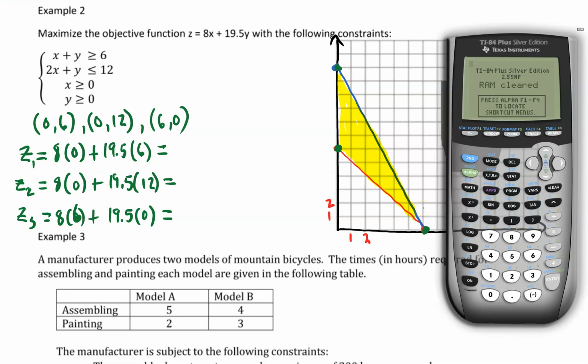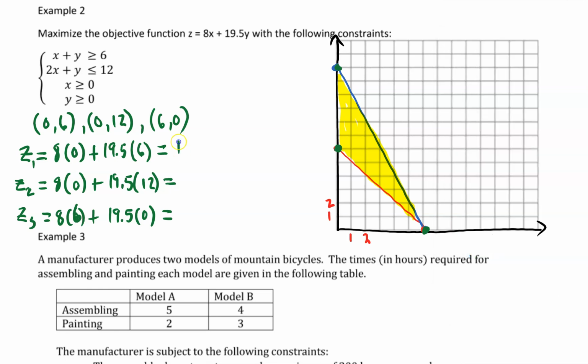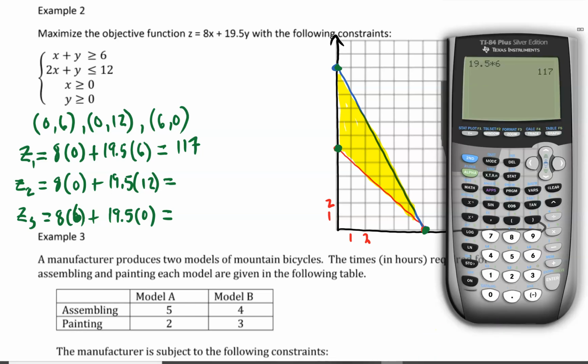So here's my calculator. I'm going to put in 19.5 and multiply that by 6. Should have believed myself. 117. Then 19.5 times 12.